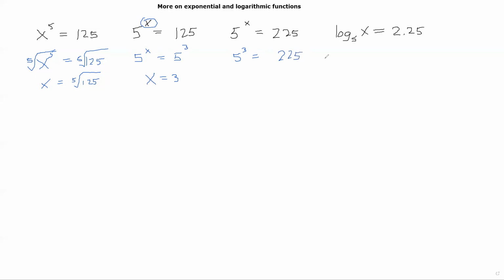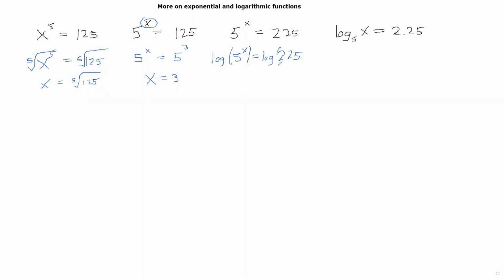So instead, we are going to have to undo the 5 to the. The way that we are going to undo that is by applying the inverse to an exponential, which is a logarithm. So we're going to do logarithm on both sides.